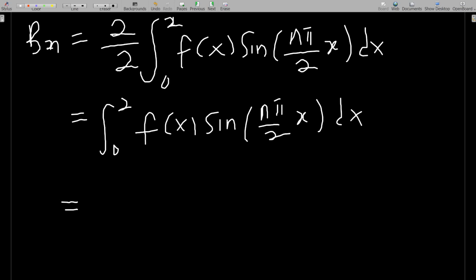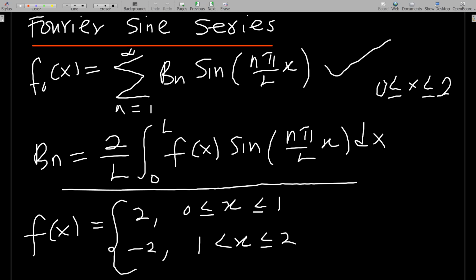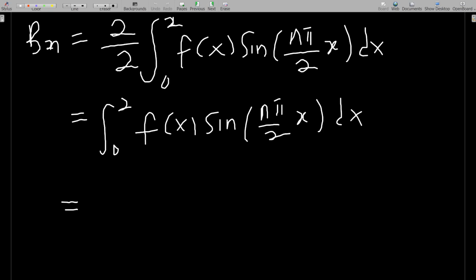Now the whole limit is from 0 to 2, but f of x is not defined from 0 to 2 straight away. It's 2 from the first part, that is 0 to 1, and it's negative 2 from 1 to 2. So you have to break this integral into 2. Integral from 0 to 1, then f of x is 2 there, so I have to define that.